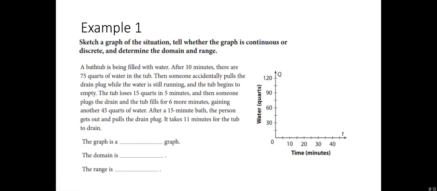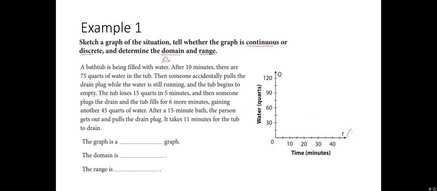So in example 1, sketch a graph of the situation. Tell whether the graph is continuous or discrete, and determine the domain and range. Domain and range are constant conversation pieces later on in math, especially in Algebra 2. Domain, in this situation, involves the x values. In our relationship, it'll be involving t.